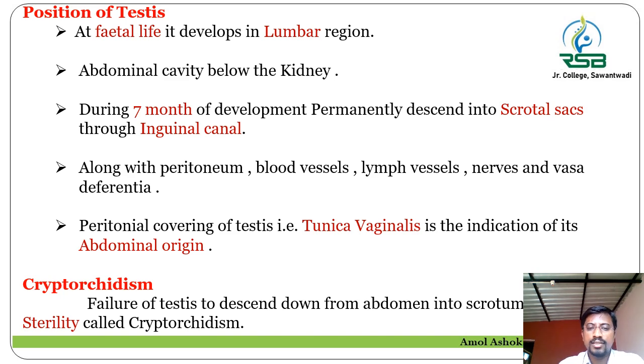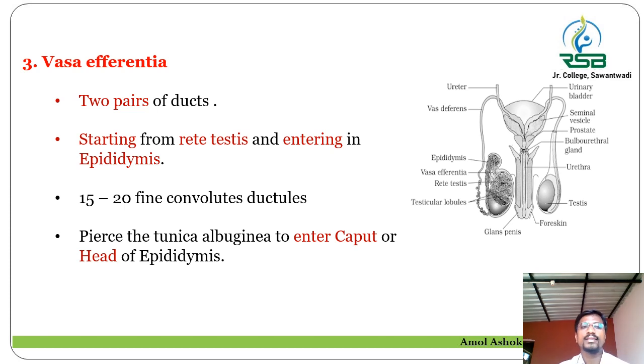Let us move towards the next part in the reproductive tract, that is the vasa efferentia. So again, let us concentrate on this diagram. Here it is, the vasa efferentia.